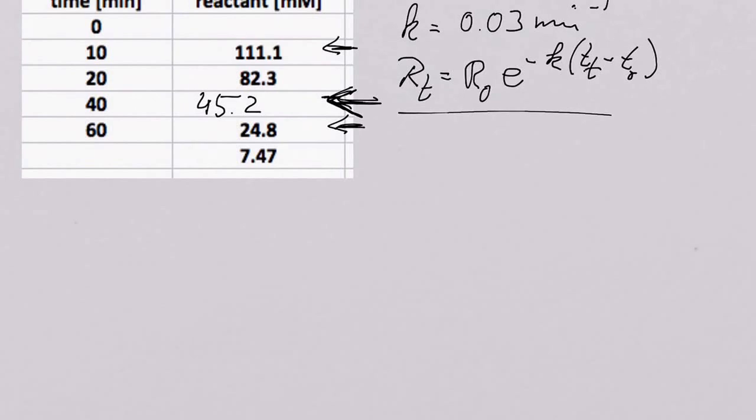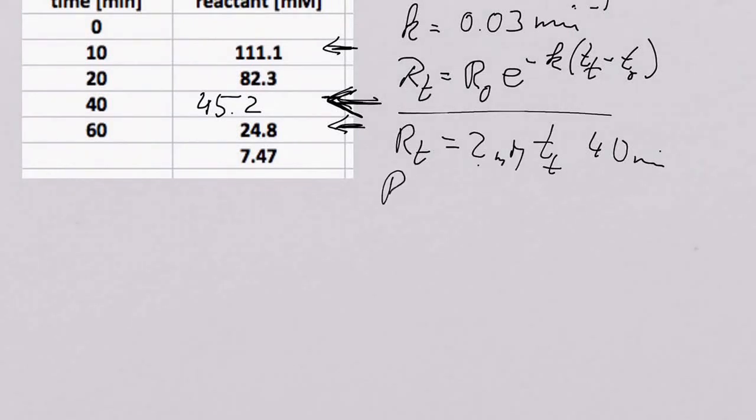So let's say RT, that's what we want to know. The corresponding T is 40 minutes. And in the table, you can be a little bit sloppy. You don't have to put the units down, but if you do, it makes life easier. So I probably should do that here. Millimolar. And R0 is 111.1 millimolar.